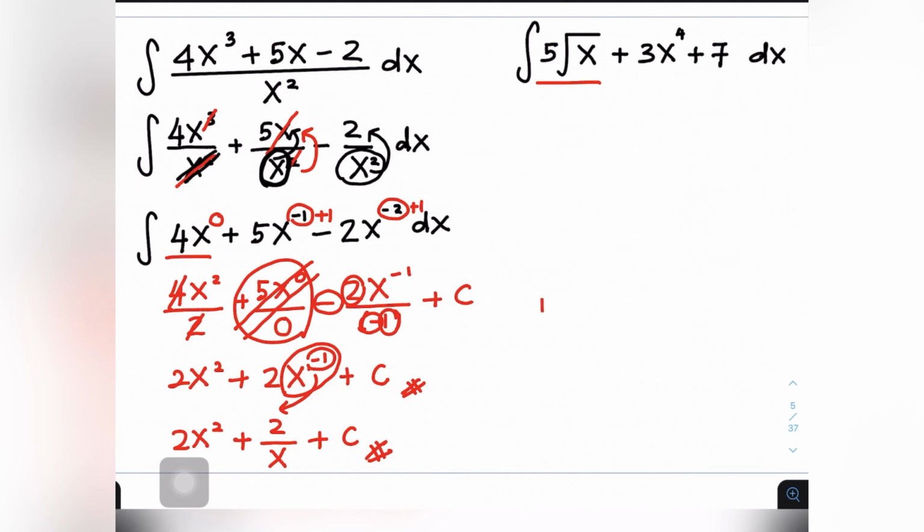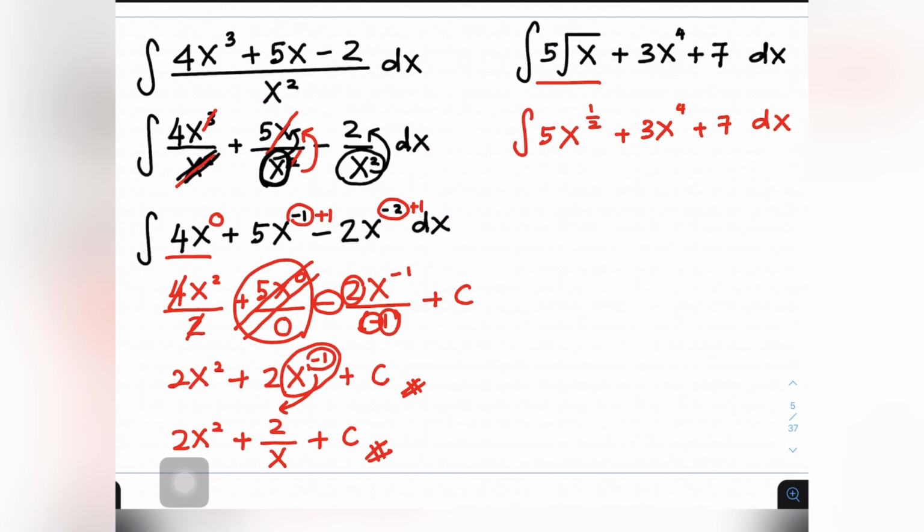Okay, so now you have integration of 5 x to the power of 1 over 2. We change square root 2 into power, it becomes 1 over 2, plus 3x to the power of 4 plus 7 with respect to x. So now you can continue with the integration process.